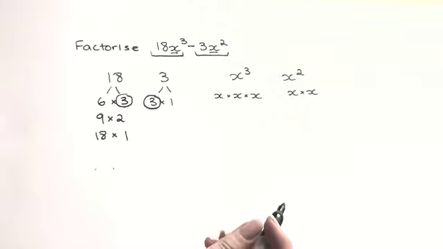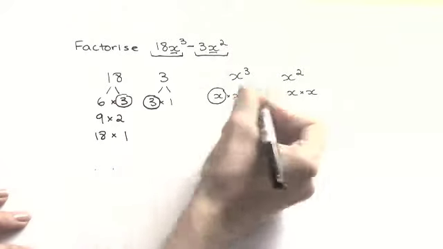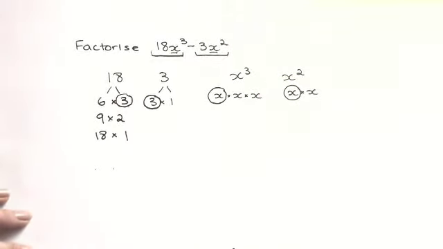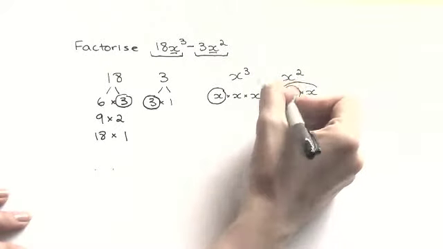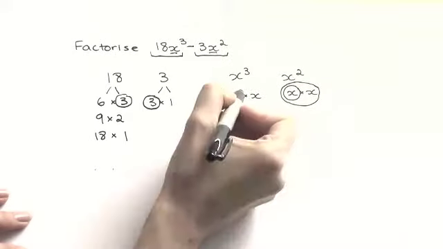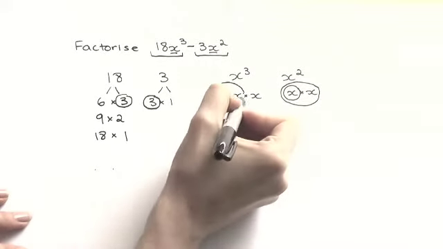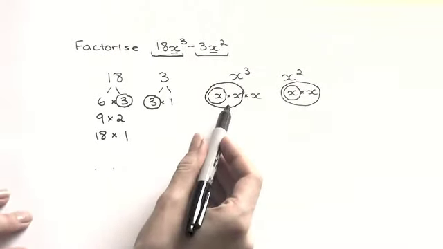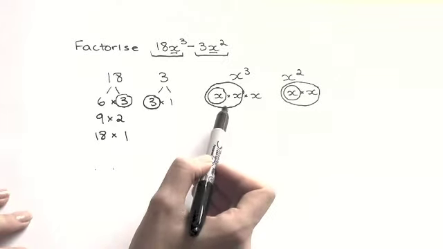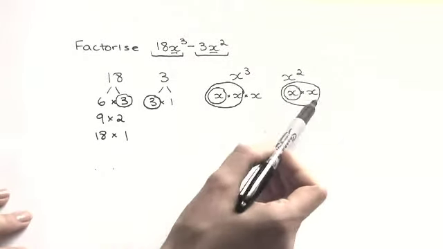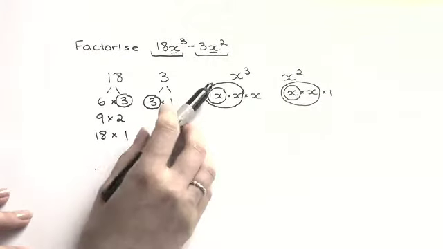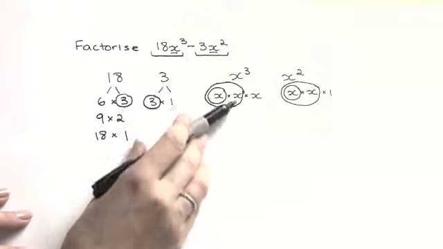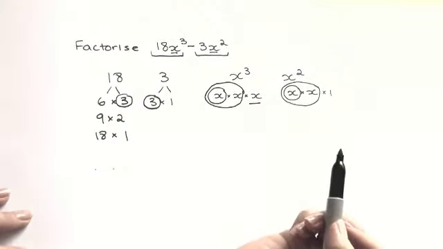So for the common factor, we can pull out one x and another x, or we could actually pull out the whole thing, x squared. If we pull out x squared from x squared, we're just left with 1, and if we pull out the x squared from our x cubed, we're left with our x.